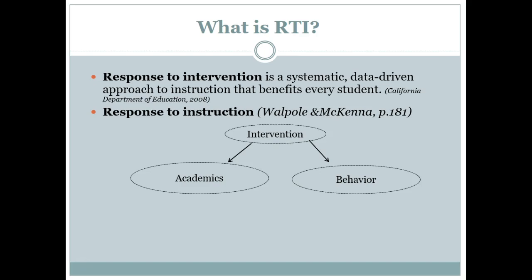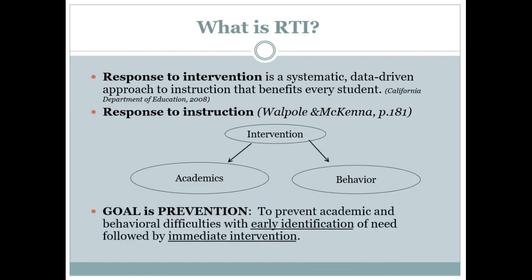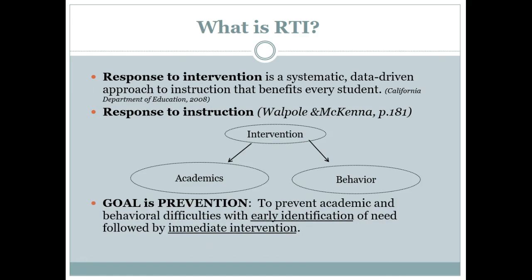And then you progress monitor their behavior and see if that was effective or not, and then maybe change it. So that is something that I've helped to institute as well, RTI for behavior. The goal is prevention. I've said this before.